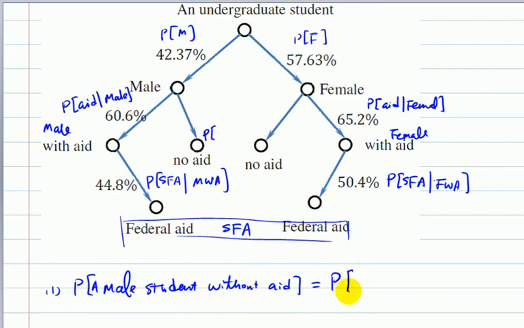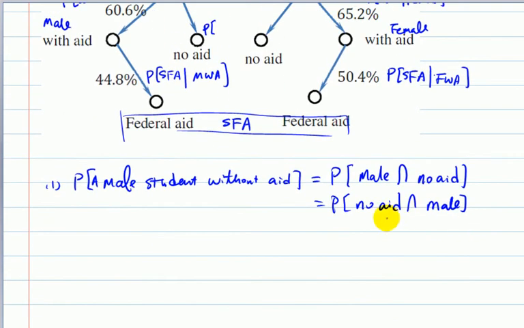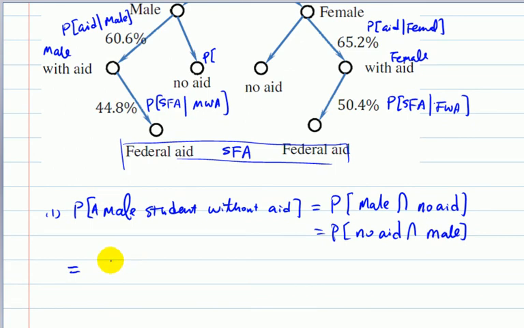So basically what you're looking at is the probability of male and no aid. It's the same thing as we said previously, P(A and B) equals P(B and A). Now this is where you can directly apply the conditional probability. This P(A and B) equals P of male multiplied by P of no aid given male.